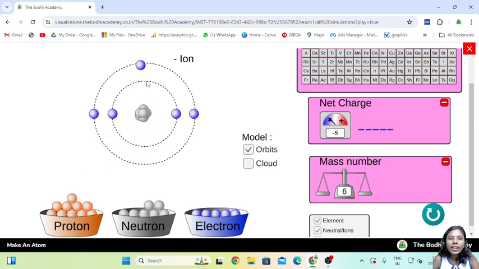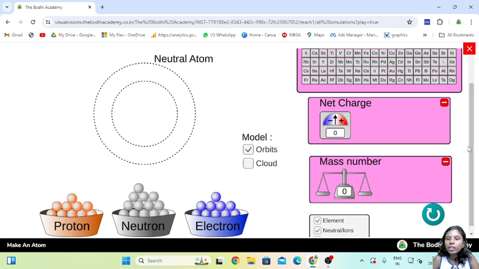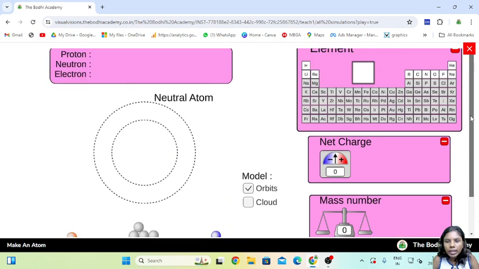So boron has 5 protons. Now let's look at the neutron count: 1, 2, 3, 4, 5 and 6. So neutrons are always 1 more than the proton count. Atomic number is equal to the electron count.